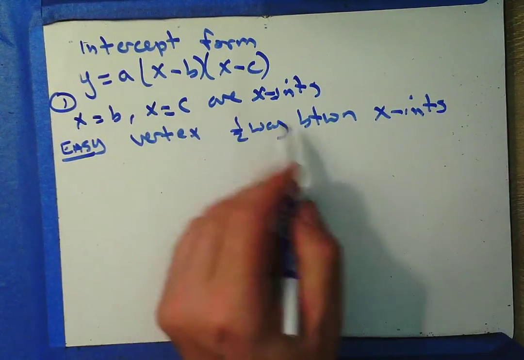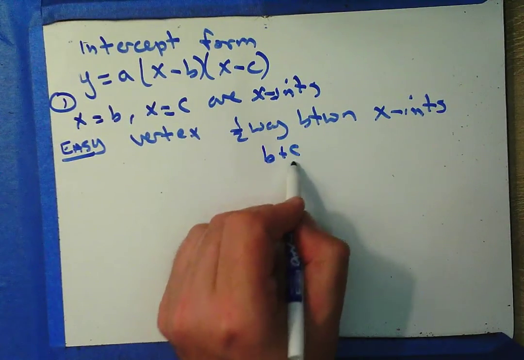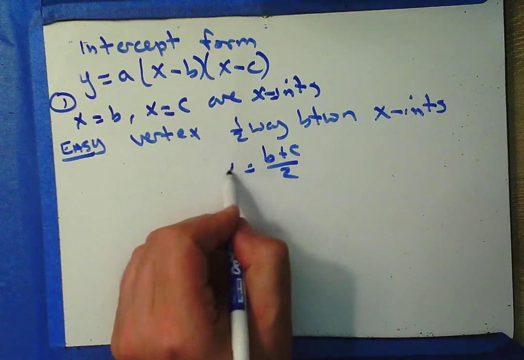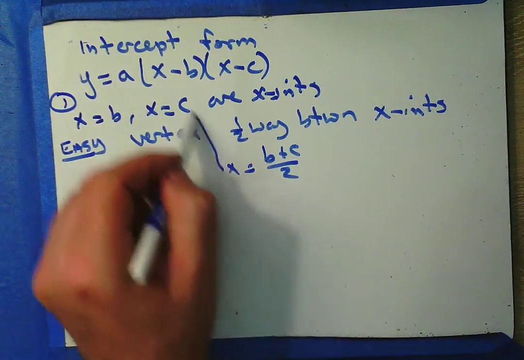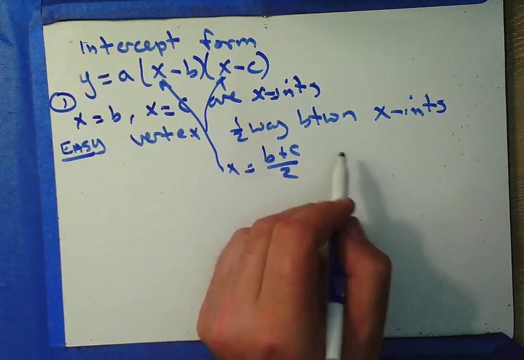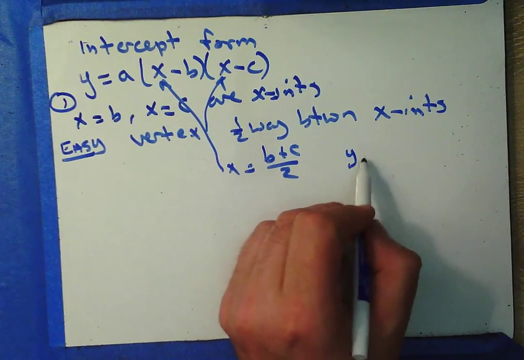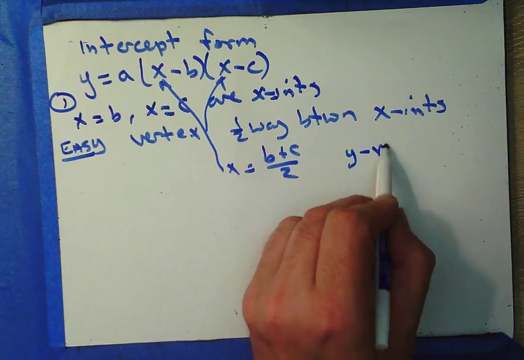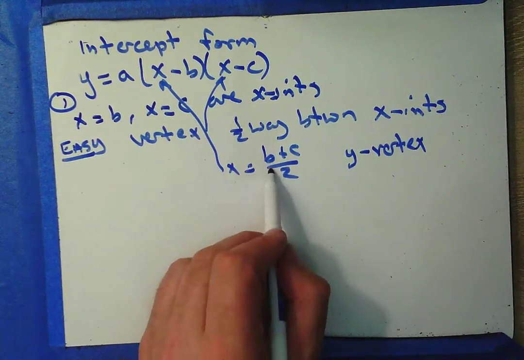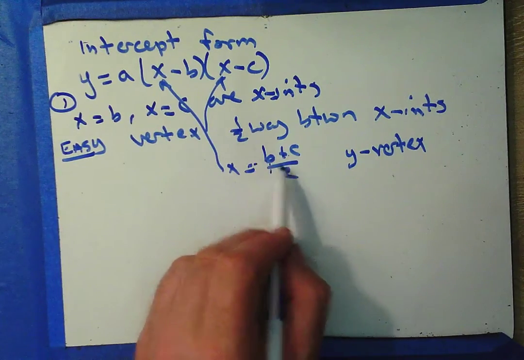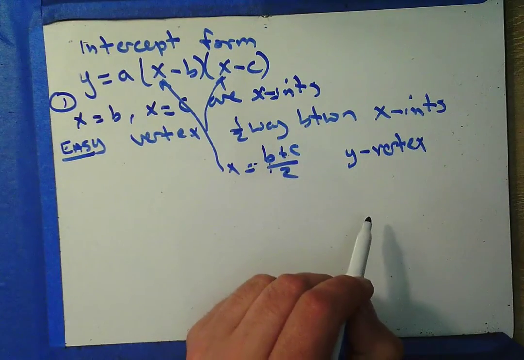So I want to average these x-intercepts, b plus c divided by 2. This will get me some number. I take that number and I plug that number back into x to get the y value of the vertex. The y value of the vertex comes when I take this x value, the average of the x-intercepts, and plug that back into the function.